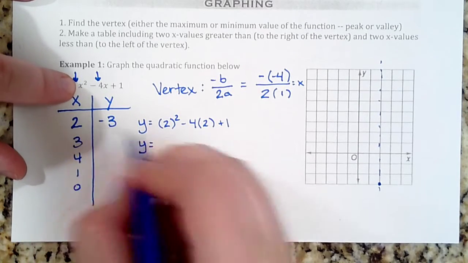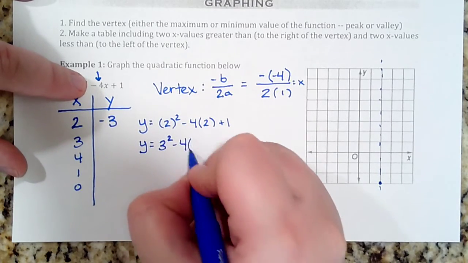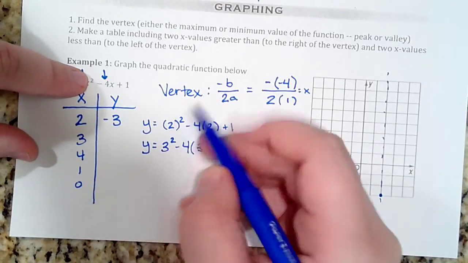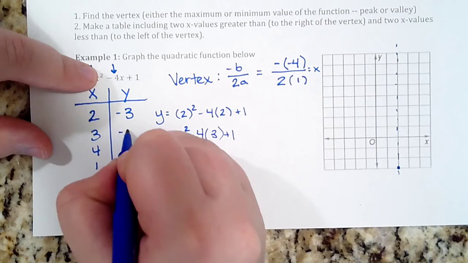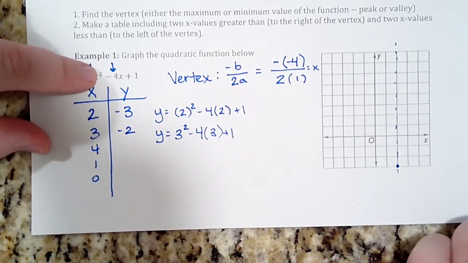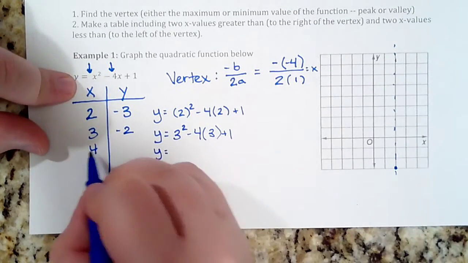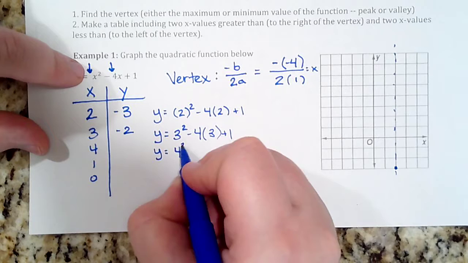So I'm going to plug in 3 where I saw x: 3 squared, minus 4 times 3, plus 1. This is 9 minus 12, which is negative 3, plus 1, which is negative 2. I'm going to do the same thing with 4. Plug 4 in wherever I see x because I'm just trying to find out what's happening at that x value.